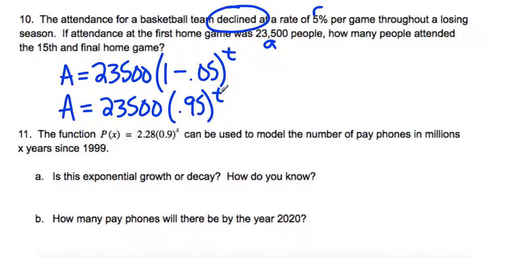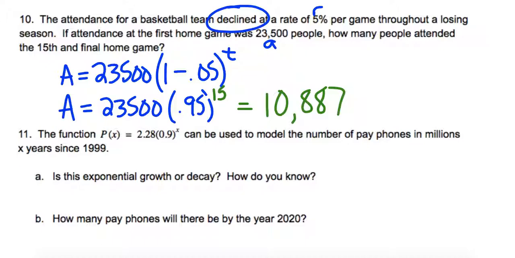So that's our function that we want to evaluate. How many people attended the 15th game? We're going to plug in 15 right here for t, and we'll just put that into our calculator. Now, this time we're talking about attendance, so we're talking about people, so round your answer to the nearest person. So 10,887 people.